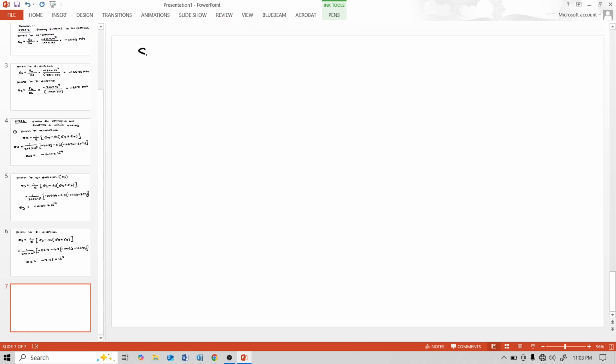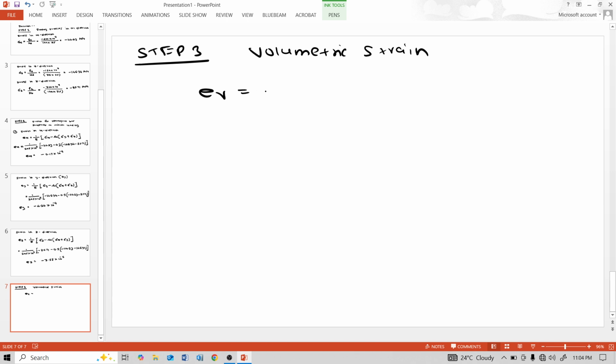Step 3. Calculate volumetric strain for a rectangular bar subjected to triaxial loading. Ev is equal to Ex plus Ey plus Ez.